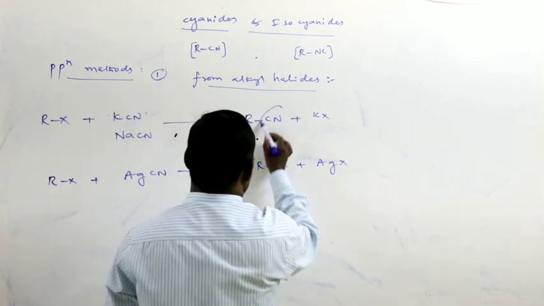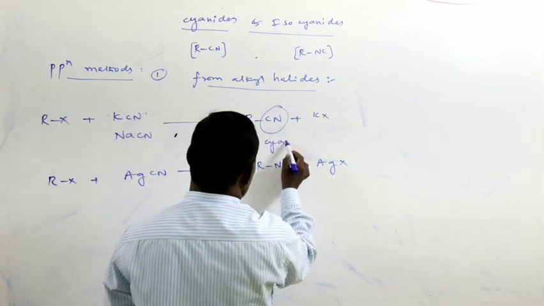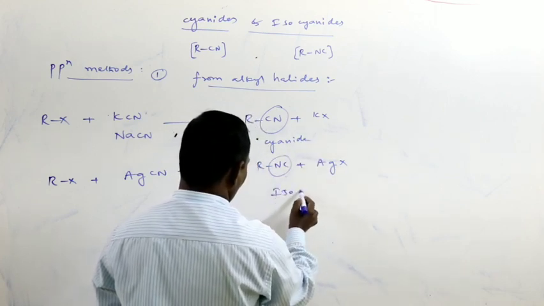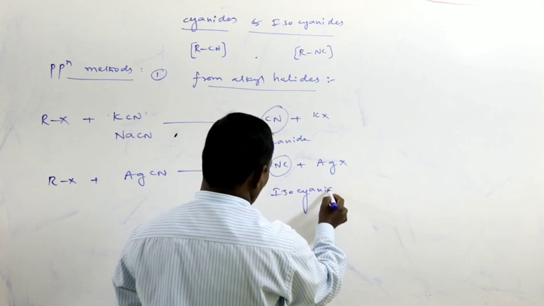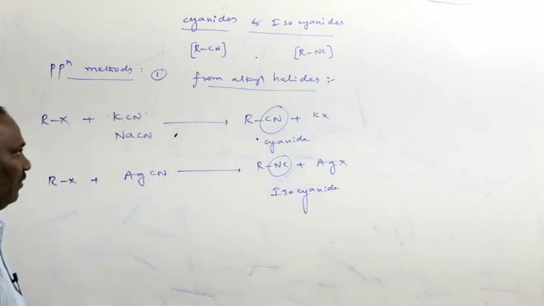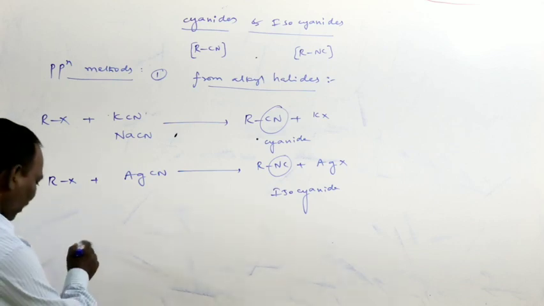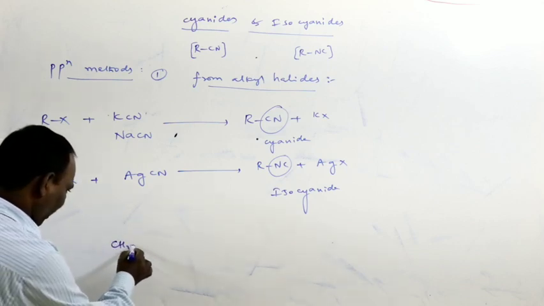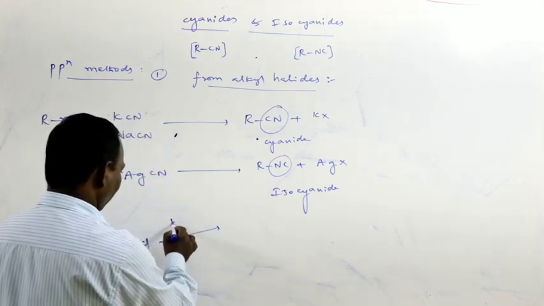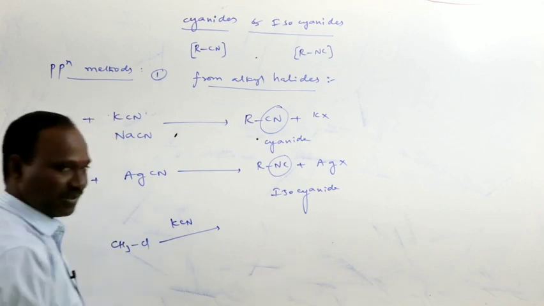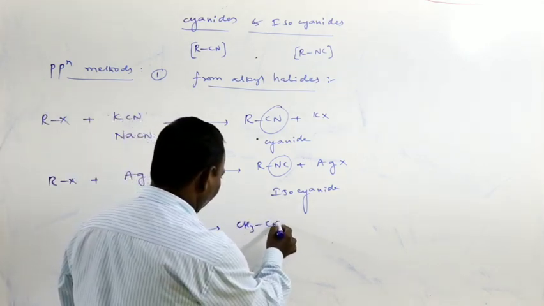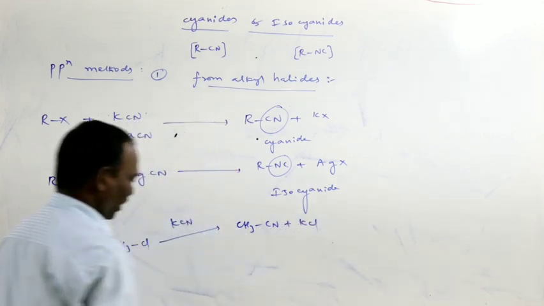Here CN is the cyanide molecule, and NC means isocyanide formation. For example, here methyl chloride CH3Cl is taken. This CH3Cl on treatment with KCN gives methyl cyanide, CH3CN, plus KCl.